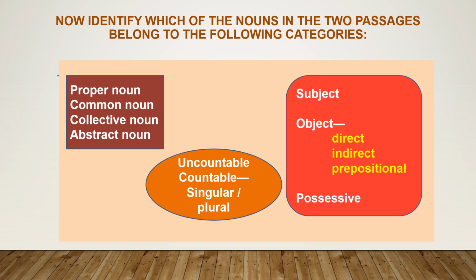These are all possibilities. There might be a place where, a column where no noun comes at all. You might make these tables and you find in one of the columns of one table, not a single noun has come. That should not trouble you at all, because that is how tests are set.